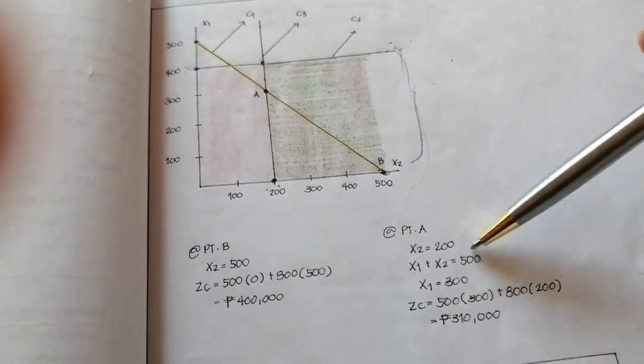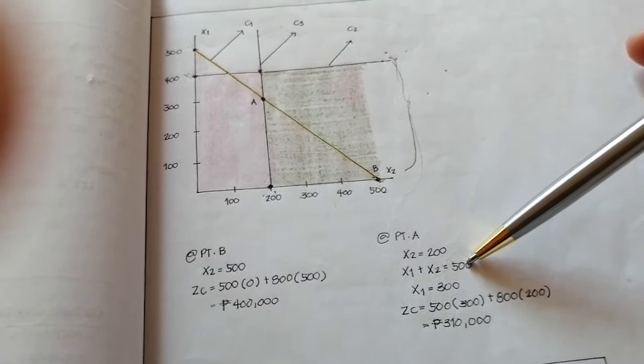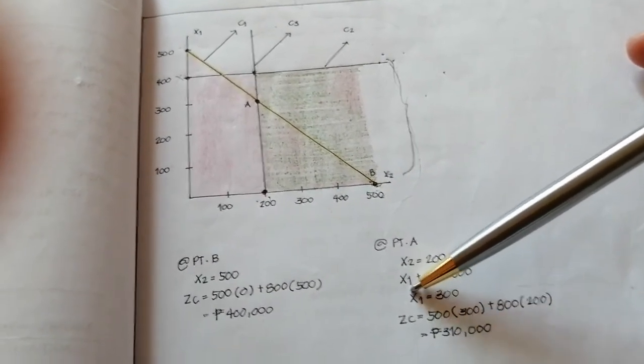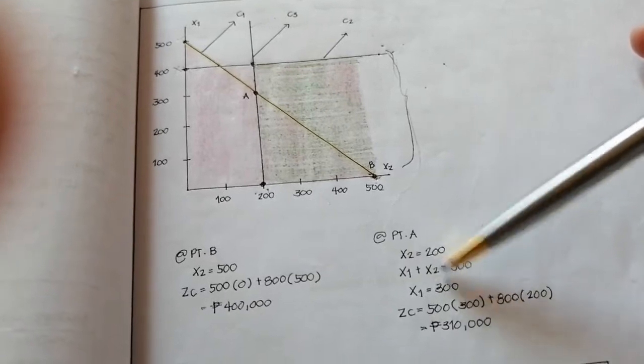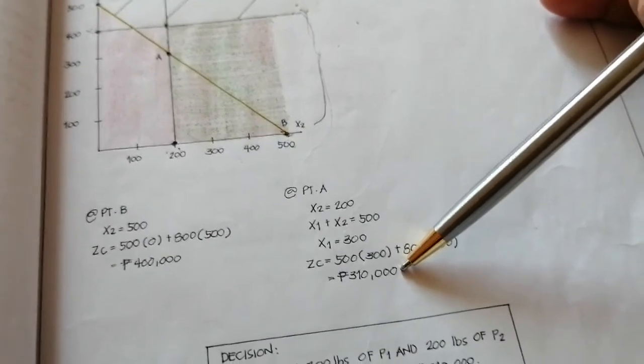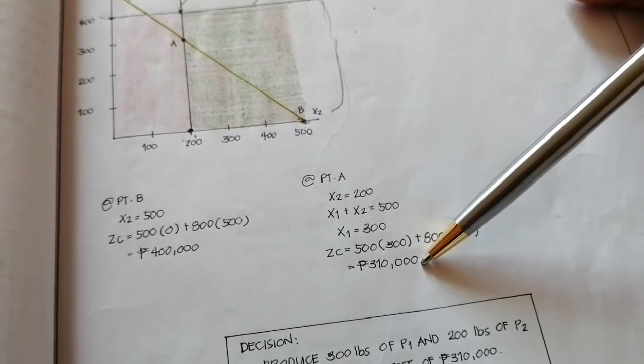And from the first equation that we have, x1 plus x2 should be equal to 500. So meaning you'll be able to know that your x1 is equal to 300. If we substitute it into the total cost formula that we have, the total cost is 310,000.